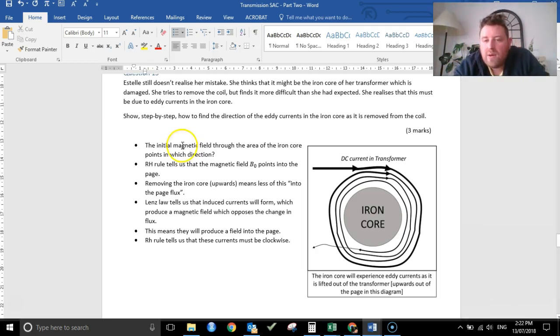And they said, well, the solenoid itself, that's got a southern end close to us. And if we need a force pulling back inwards, then we need the iron core to have a northern end at the other, close to the solenoid as we pull it out. And then they said, okay, well, if we treat the iron core as a bar magnet, what sort of eddy currents do we need inside to create a north end where we need it? Went through the whole process.